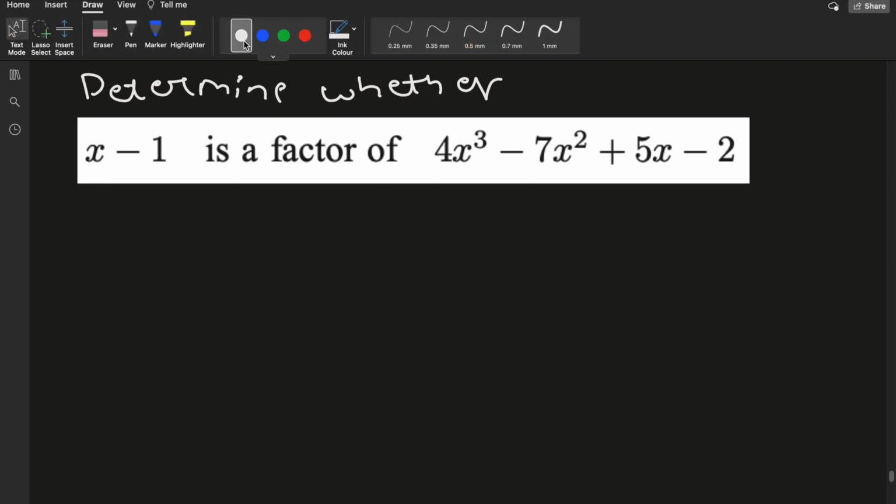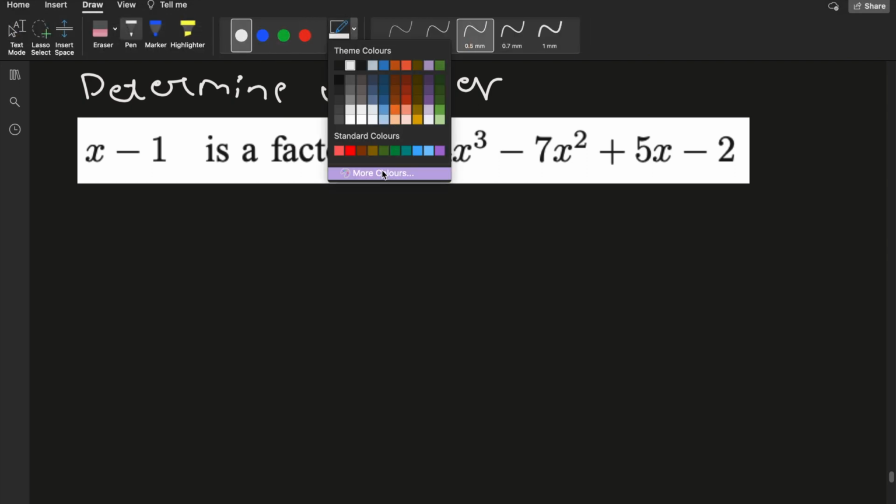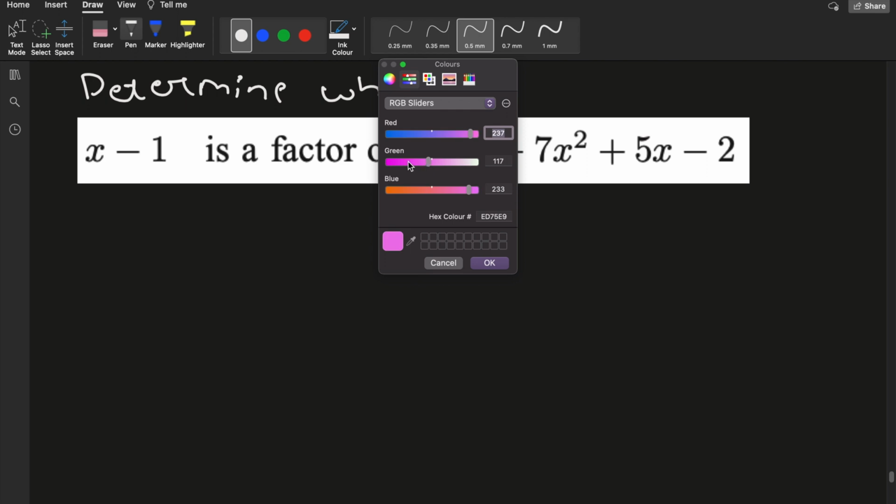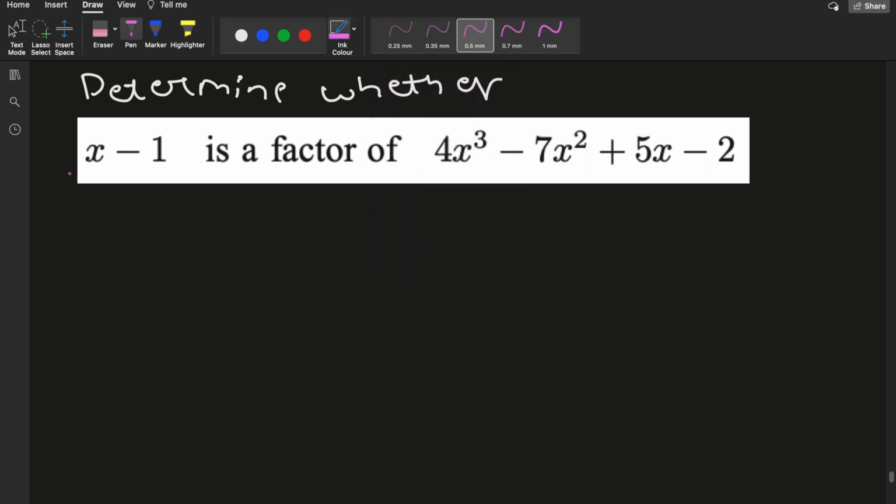So let's start. We have to determine whether x minus 1 is a factor of 4x cubed minus 7x squared plus 5x minus 2. How do we do that? We use the factor theorem. If p of 1 equals 0, that means this is a factor of this.